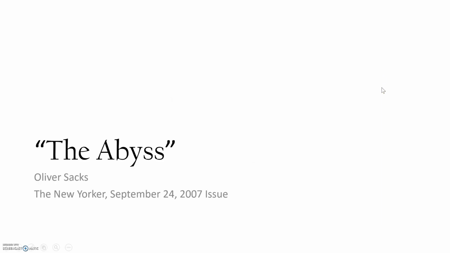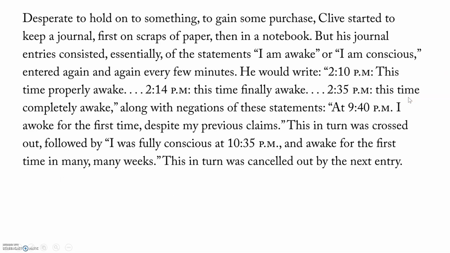Okay, this is just a little excerpt from an article in the New Yorker called "The Abyss," written by Oliver Sacks, who was a famous neurologist and did a lot of interesting research on anomalies in neuroscience, psychiatry, and neurology.